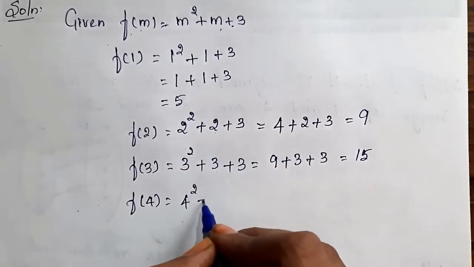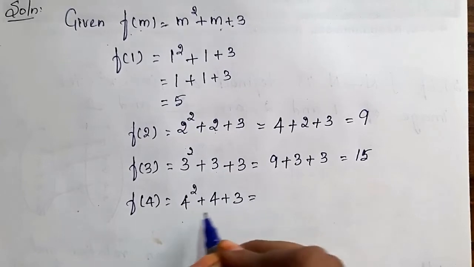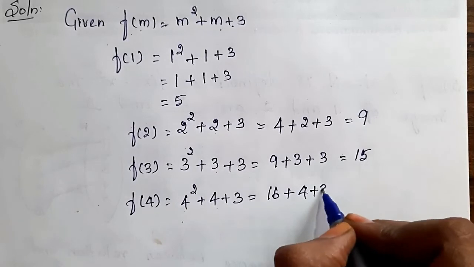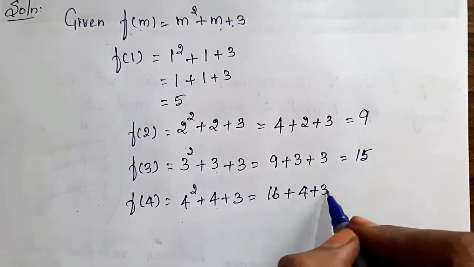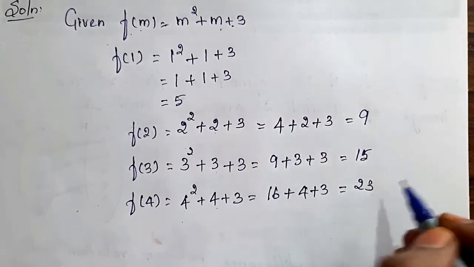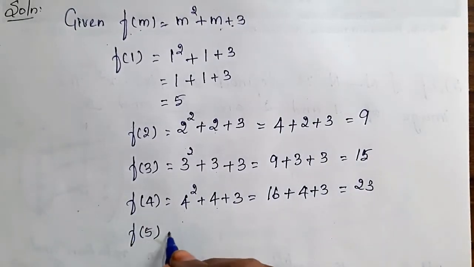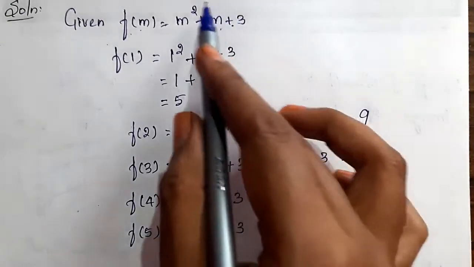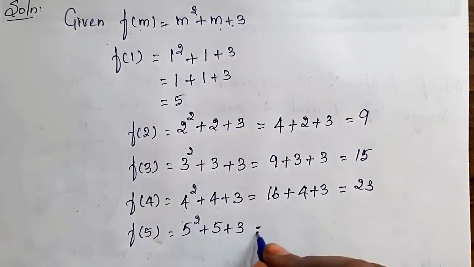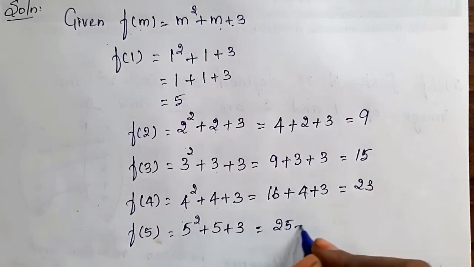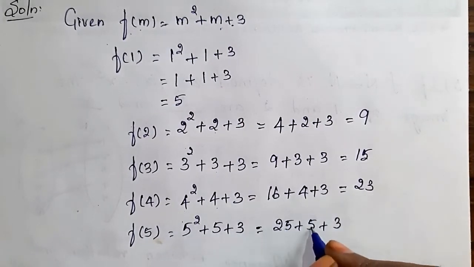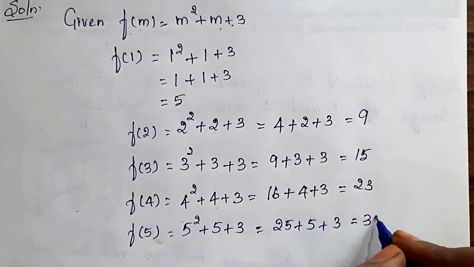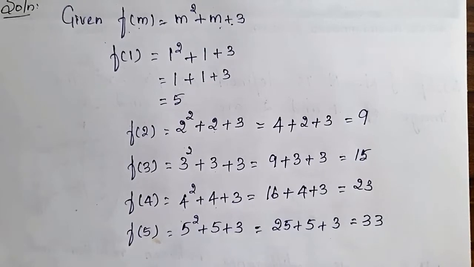So 4 square plus 4 plus 3 equal to, 4 square value is 16 plus 4 plus 3. 16 plus 4, 20. 20 plus 3, 23. Next we can apply 5. That is equal to 5 square plus 5 plus 3. So when you apply, you will get 25 plus 5 plus 3. 25 plus 5, 30. 30 plus 3, 33. Okay, so just enough.